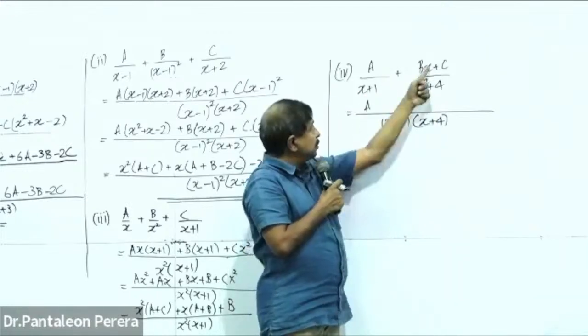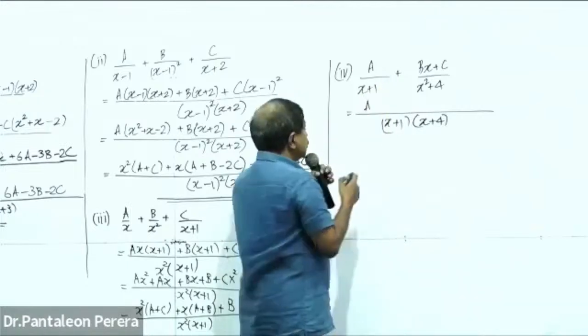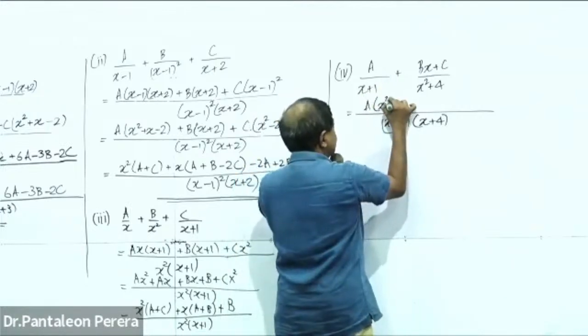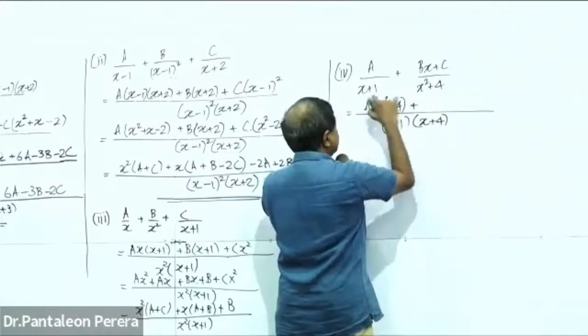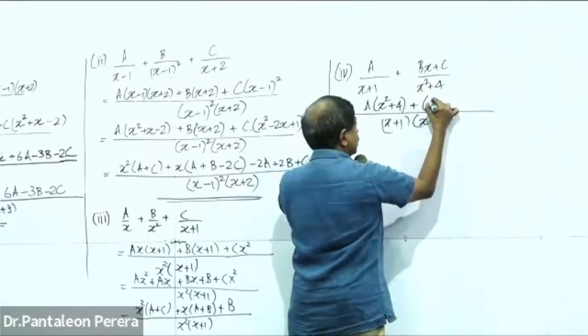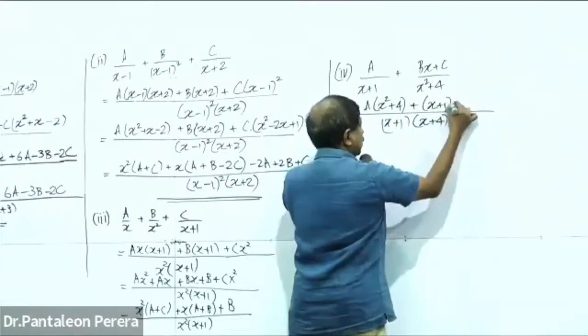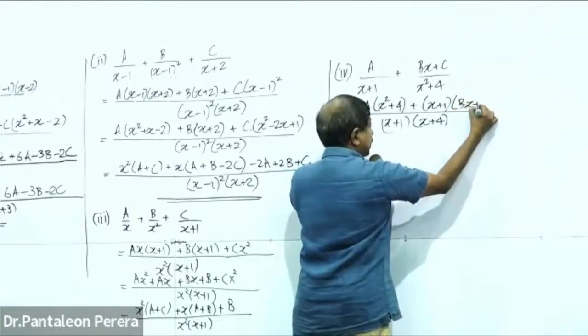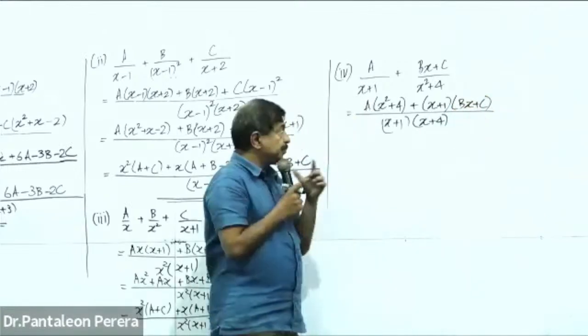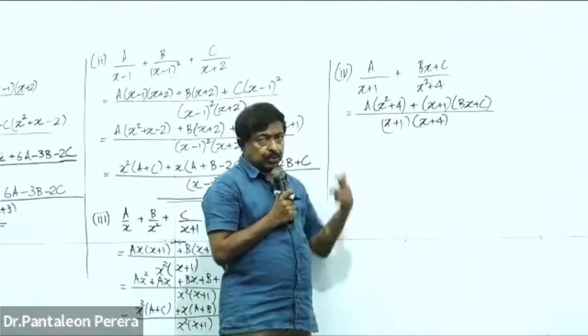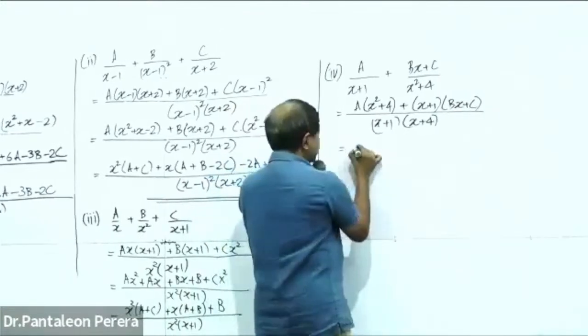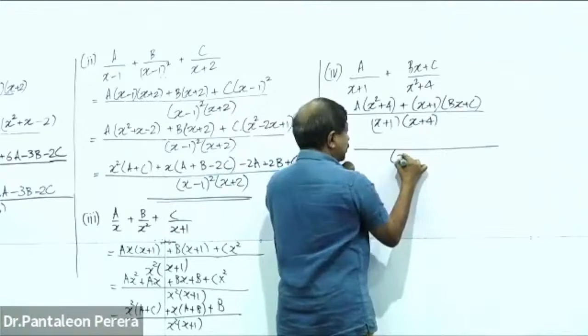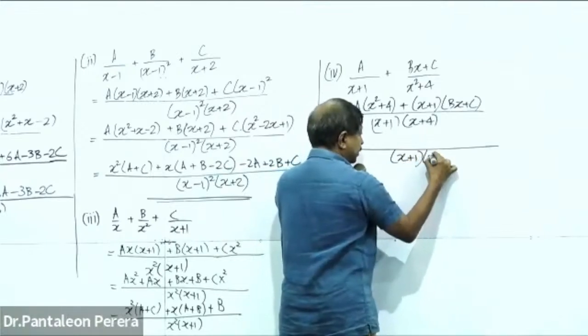So, by crisscross multiplication, you can get the upstairs. So, a times x squared plus 4, plus x plus 1 times bx plus c. Now, you have to expand the upstairs. Don't try to expand the downstairs. So you leave it like that.